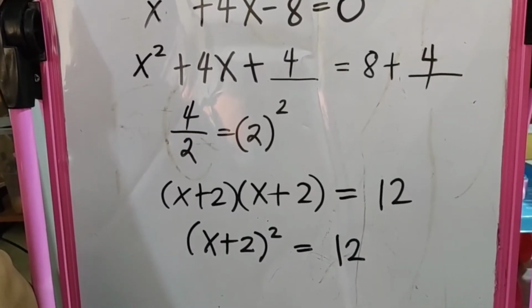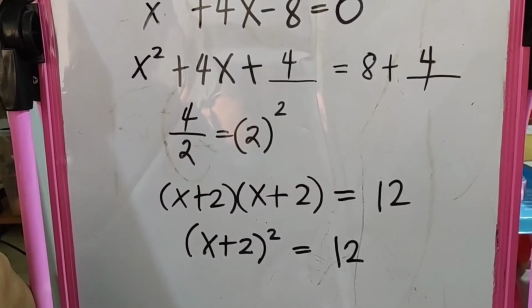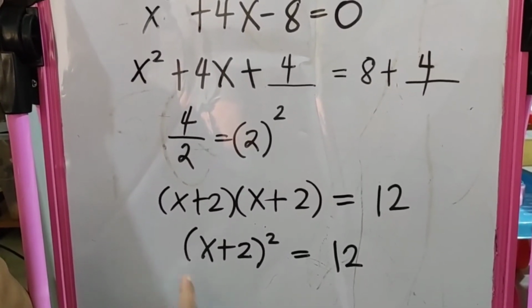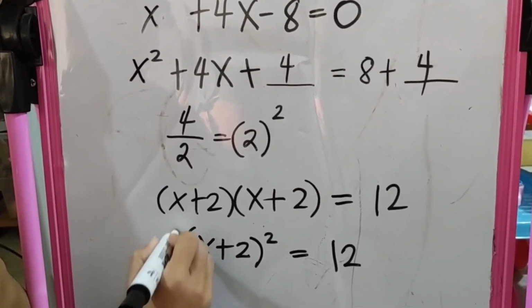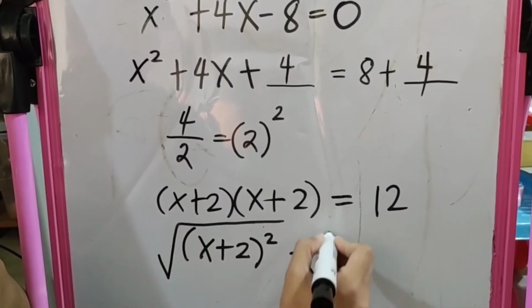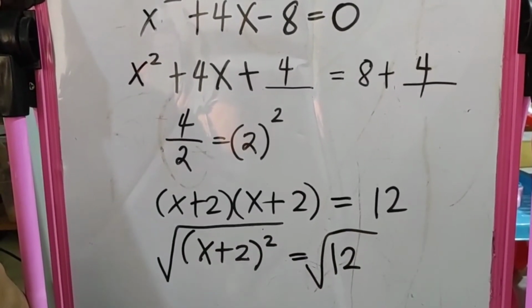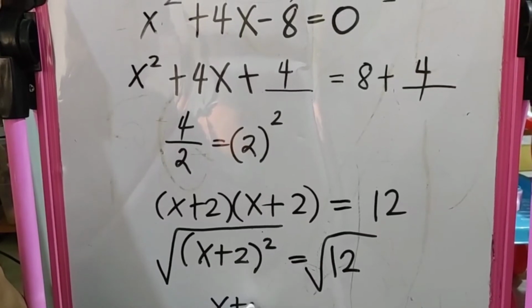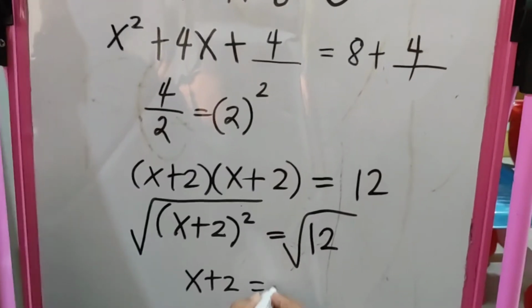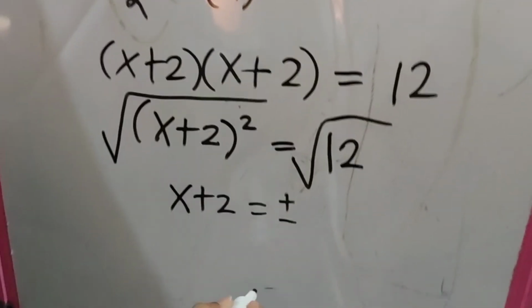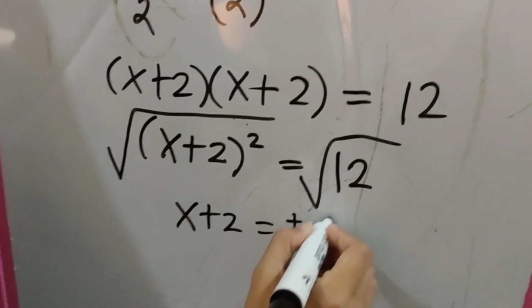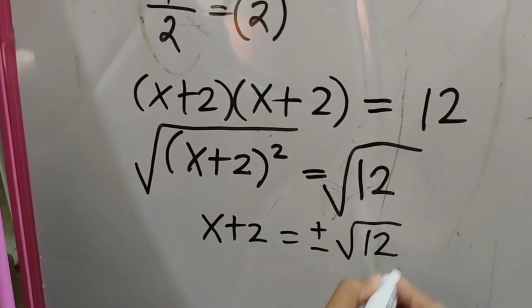So we can now use the square root property that we discussed a while ago. So taking the square root, we now have the square root of x plus 2 squared is x plus 2 equals positive and negative square root of 12.